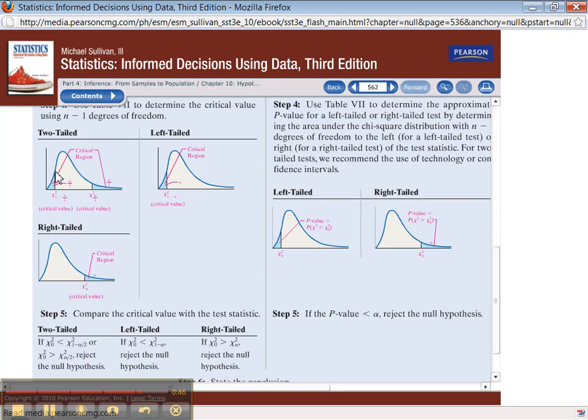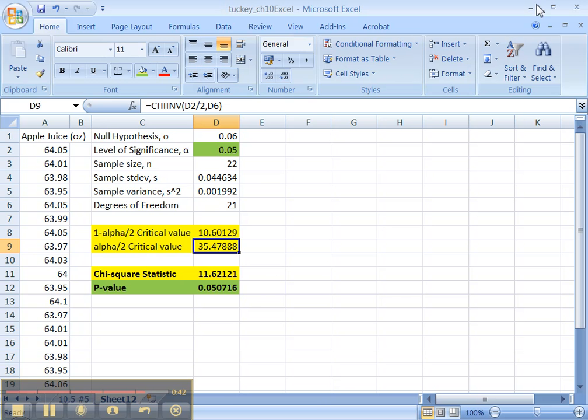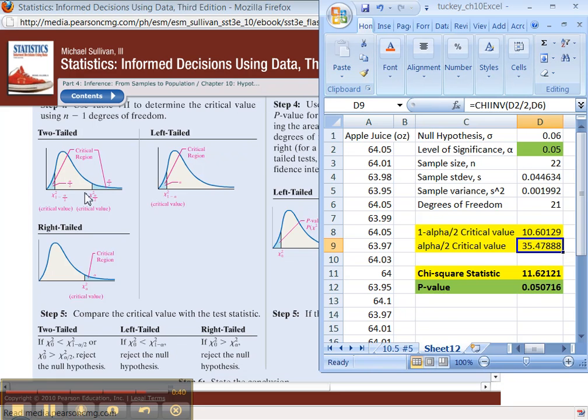If you look at the picture, this one over here is 10.6, this one over here is 35, you're at 11, you're in the middle. That is not the rejection region. You are not rare enough to reject the null hypothesis. Therefore, you're not going to reject the null hypothesis.